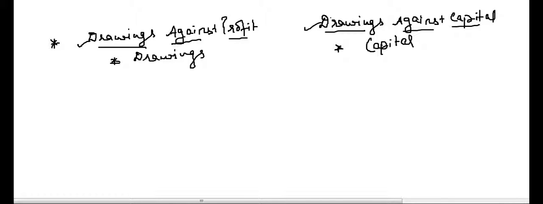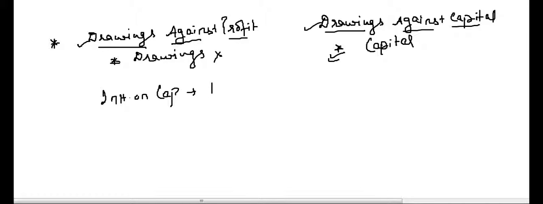Okay. So while calculating the interest on capital, if I talk of interest on capital, right, we won't consider these drawings, we'll consider this.